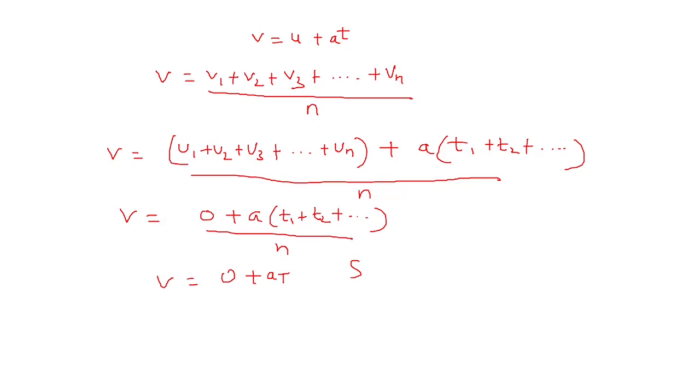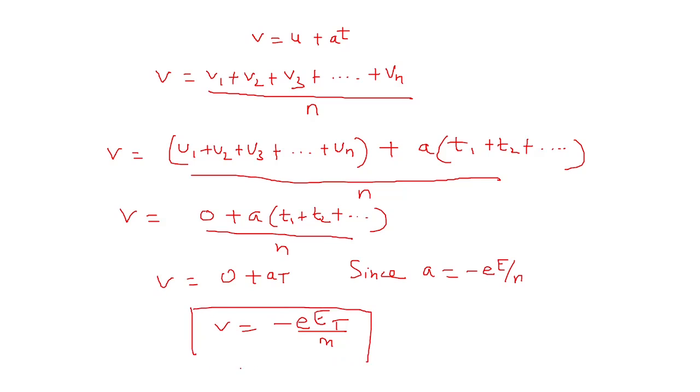Since a is equal to minus e E upon m, we can write v as minus e E upon m into tau. So this will be the expression for the drift velocity.